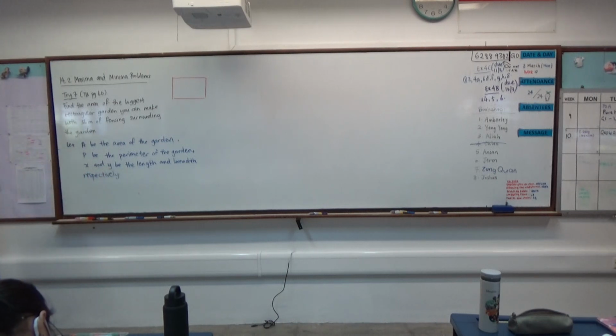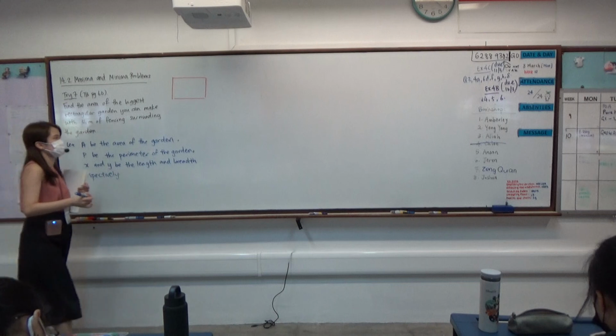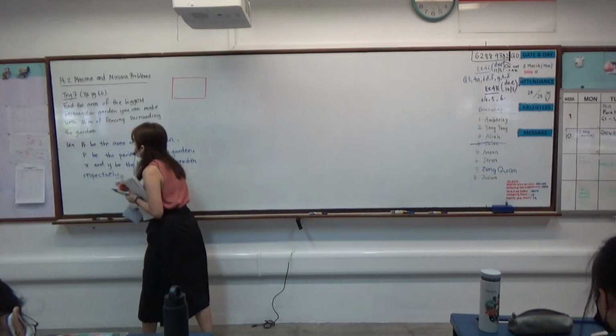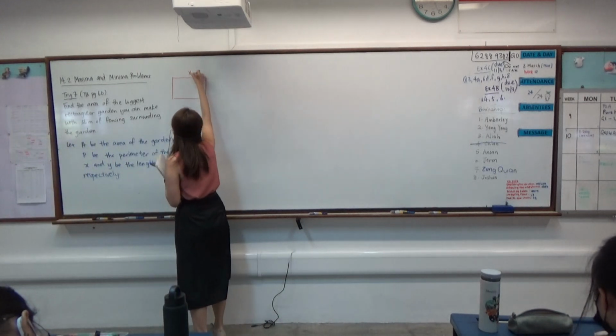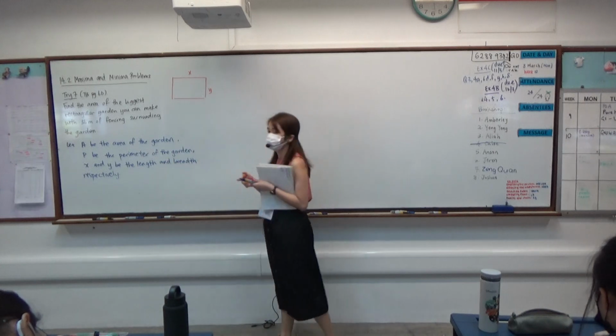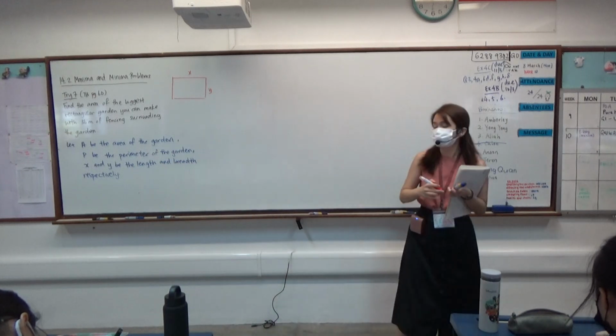We let x and y be the length and breadth respectively as well. That would mean that we have x here and y here.